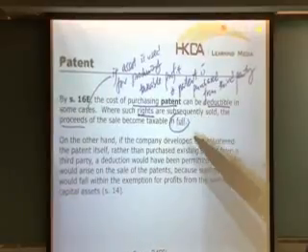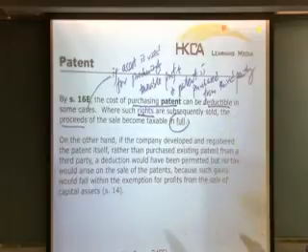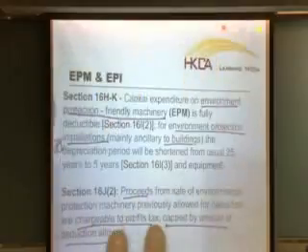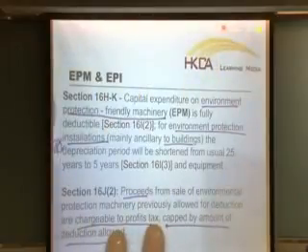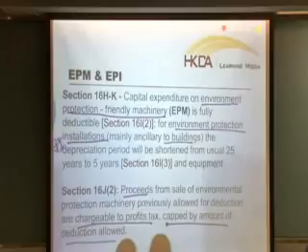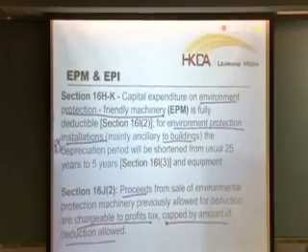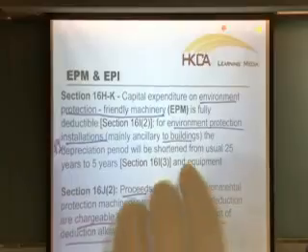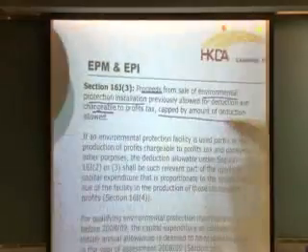In respect of selling the patent, the capital gain amount will be taxed. For other items like EPM, EPI, the capital gain amount will not be taxed because you will be taxed only up to the deduction already allowed. Okay, next page. The amount allowed.